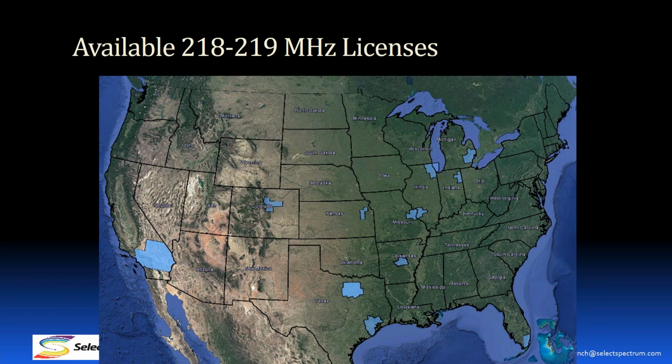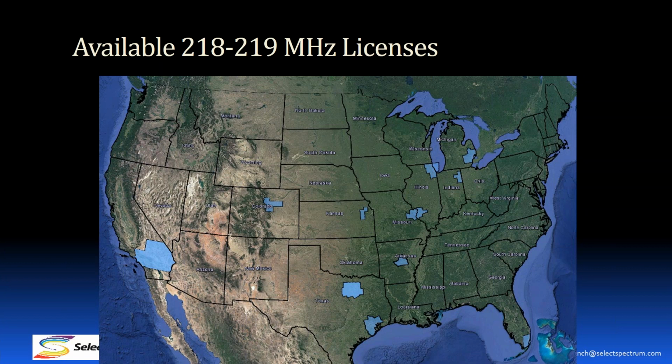Los Angeles is an example of that, so you could buy a full 1,000 kilohertz block of that license. So it complements, particularly in the LA case, the holdings that we have, or offers a potential buyer who's looking to get into the wide band the opportunity to get both AMTS and 218, 219 in particular geographies.